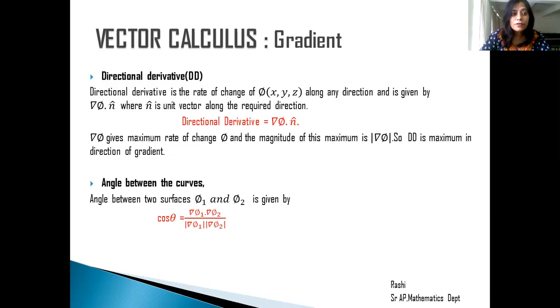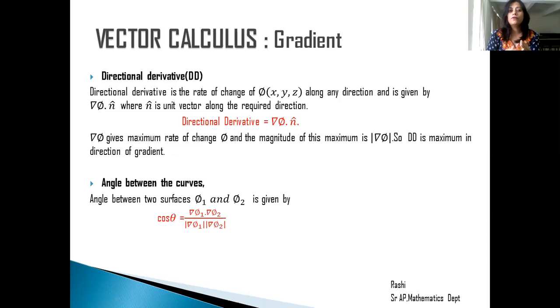And how do we find this directional derivative? Directional derivative is given by grad phi dot n cap. What is n cap? n cap is a unit vector along the required direction. So the formula for directional derivative is grad phi dot n cap. What will be your working procedure? They will give you a scalar point function.